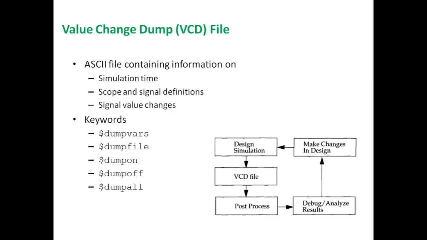It is an ASCII file that contains information like the simulation time, the scope of my module, basic signal definitions or declarations, and when the signal values are going to change during the simulation. All this information is written into a file, and that file is nothing but the value change dump file.